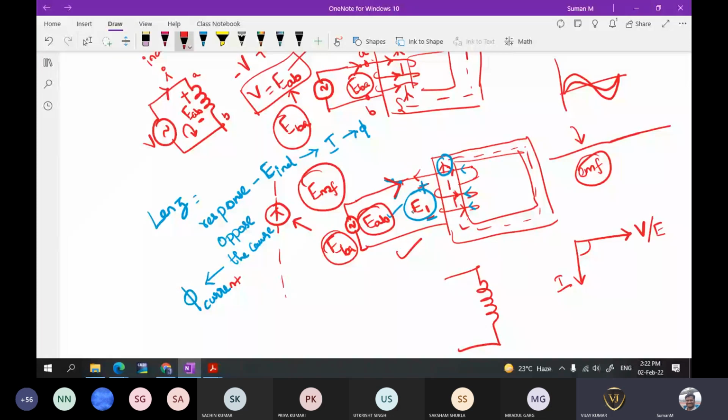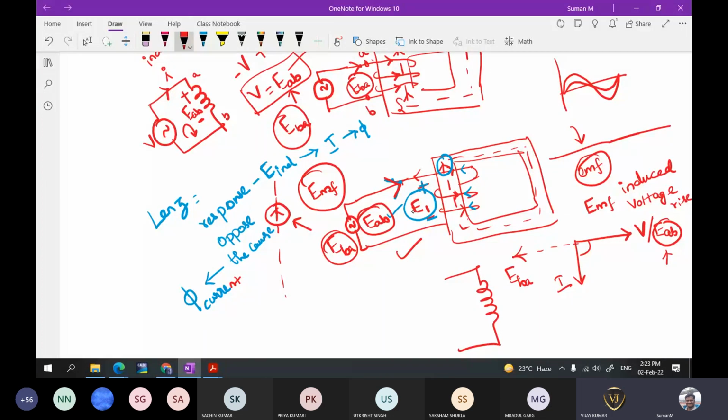EAB is the voltage drop across the terminal, which will be in phase with the voltage. Now I'm talking about the induced EMF, that is a voltage rise. So the voltage rise will be opposite to EAB, right? In my phasor diagram, my EBA will be in this fashion.